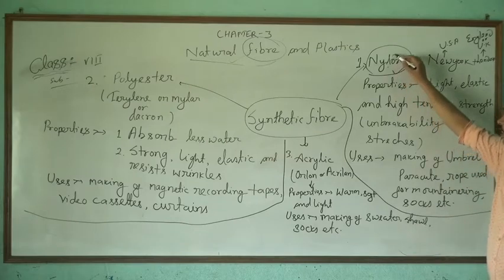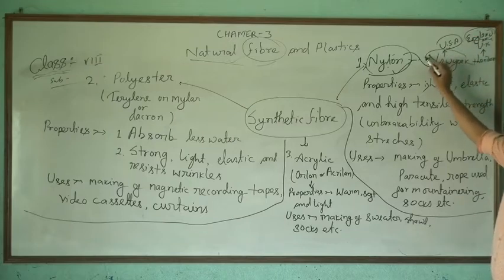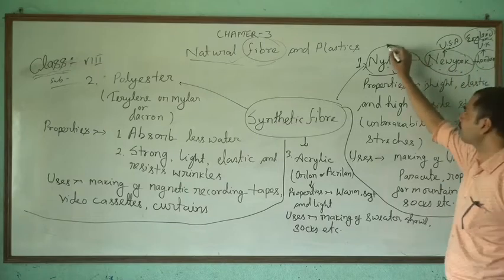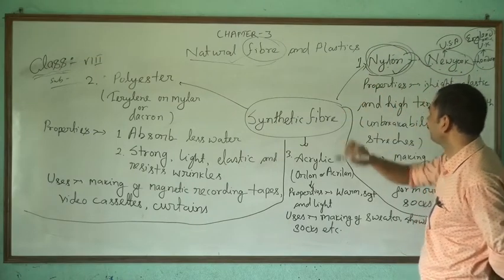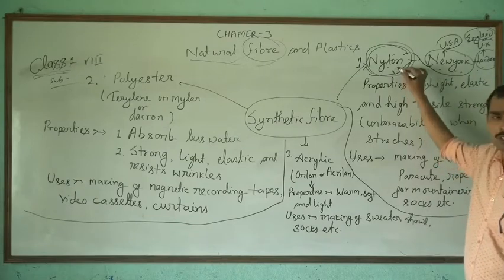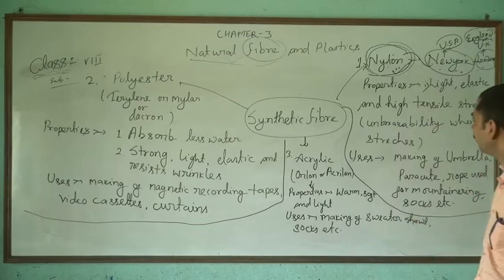One city belongs to the USA, the other to England or UK: New York and London. Nylon is made by taking the names of these two cities. And this is the first artificial or synthetic fiber.